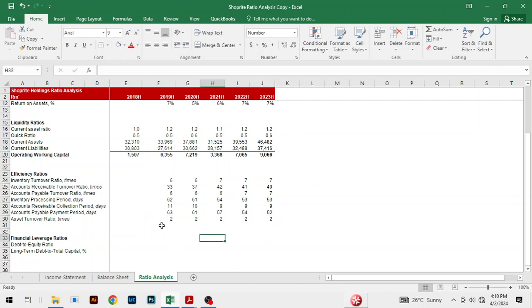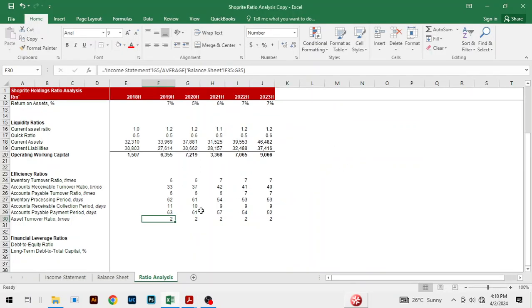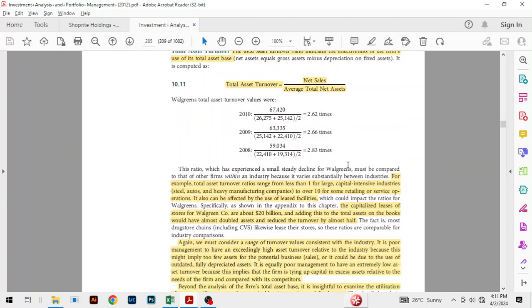So on average, over the year, it's measured in times, right? Let me just quickly cross check here. Yeah, so 2.62 times, which is great. I think we can leave it like that, 2 times, something like that, which is okay.